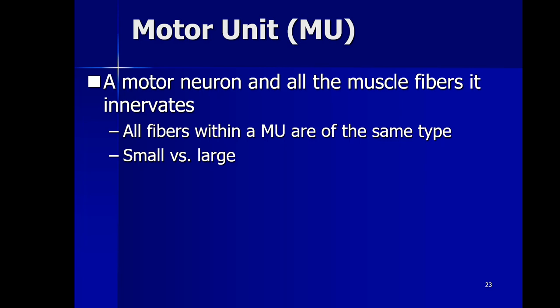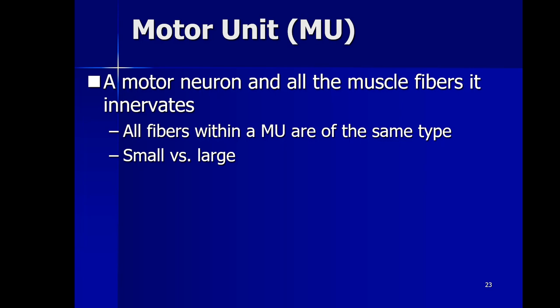So if you think about functionality, when we want to generate a lot of force, we want to recruit those big, large motor units. So we tend to find those in the legs, because the legs, like your quadricep muscles, your gluteal muscles, generate a lot of force. They have very large motor units there. Whereas when you need more fine motor control, you would want those small motor units, that don't generate a lot of force, but they can be very, very precise in what they do.